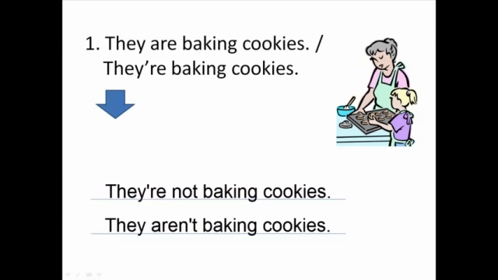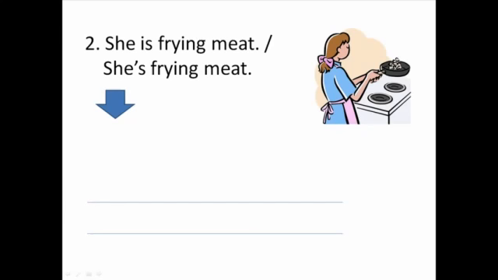Now you try number 2. She is frying meat, or she's frying meat. What are the two forms with contractions?